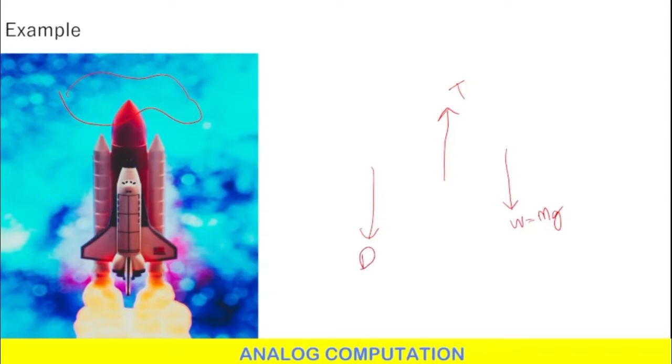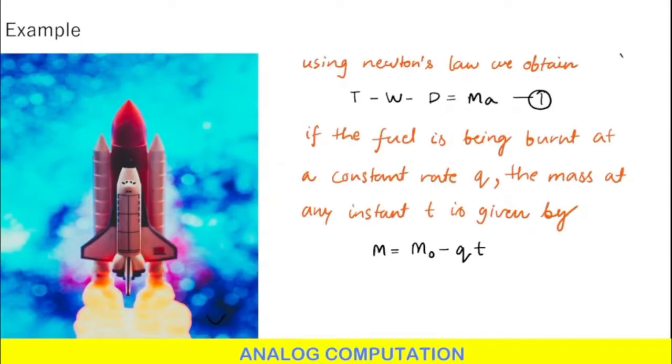These are the forces acting, so you can write Newton's equation of motion with these forces. Now focus on the m here. This is basically a variable mass system, so we cannot take m as a constant. Let me tell you how to deal with that. First write Newton's equation of motion: thrust is acting upward, and weight and drag are acting downwards, which can be balanced with mass times acceleration.